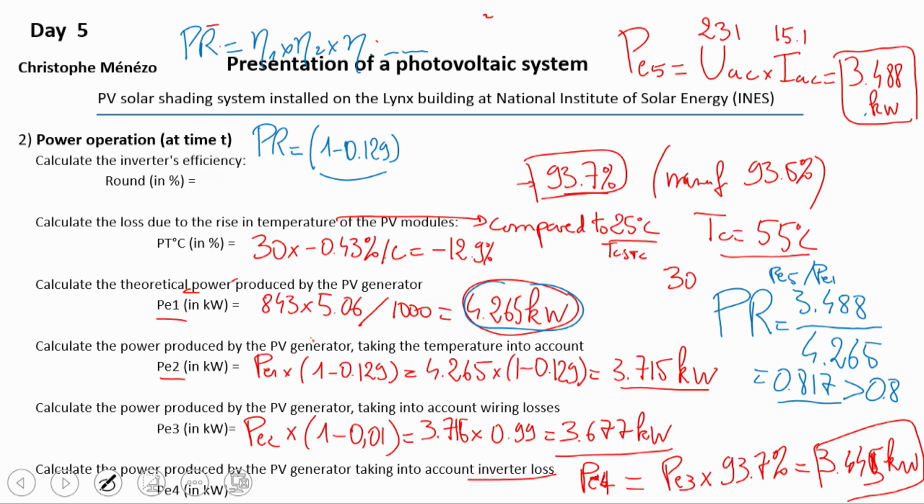Then you have cable loss. It is 1 minus, we said 1%, okay? And finally, you have the inverter, okay?